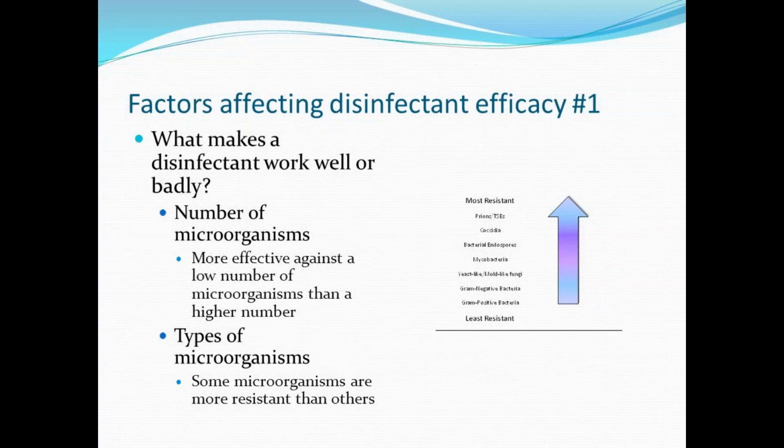Then we have yeast and fungi, although some fungi can be more resistant than others through the ability to secrete certain enzymes which can inactivate the disinfectants. And it stands that the easiest things to kill are the standard skin flora, the gram-positive cocci like staphylococci and micrococci.